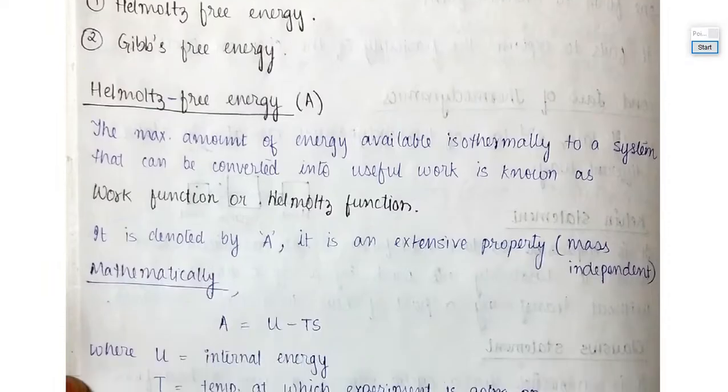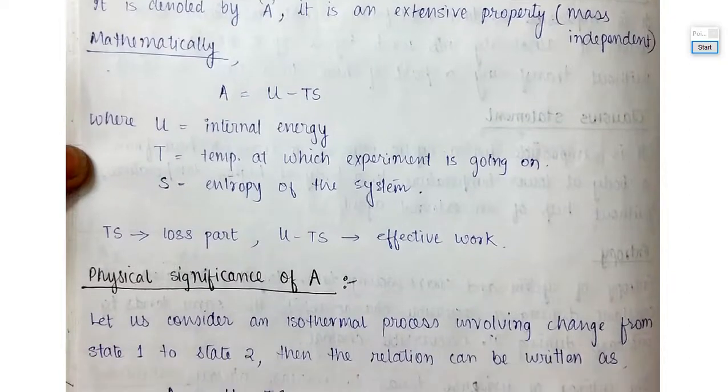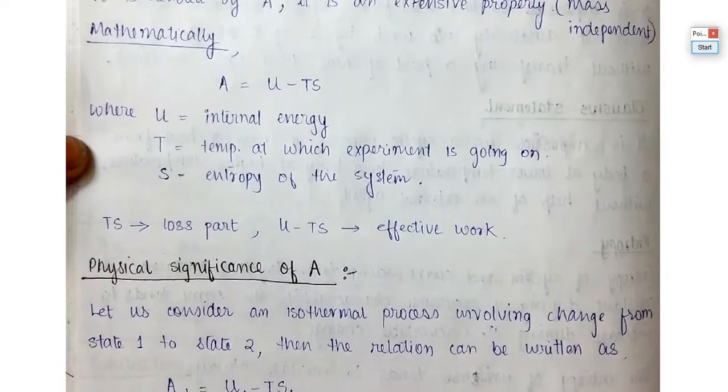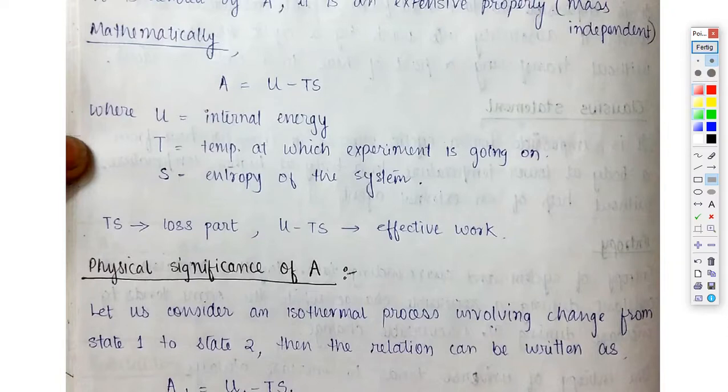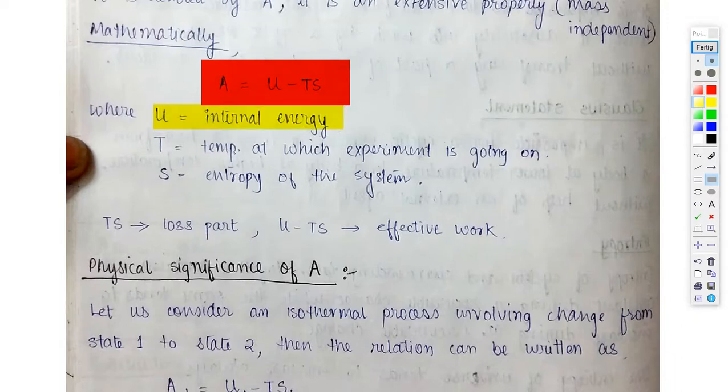Let's go to the mathematical formula of the Helmholtz function: A equals U minus TS, where U is the internal energy, T is the temperature at which the experiment is going on, that means the temperature in the Kelvin scale, and S is the entropy of the system, the randomness.